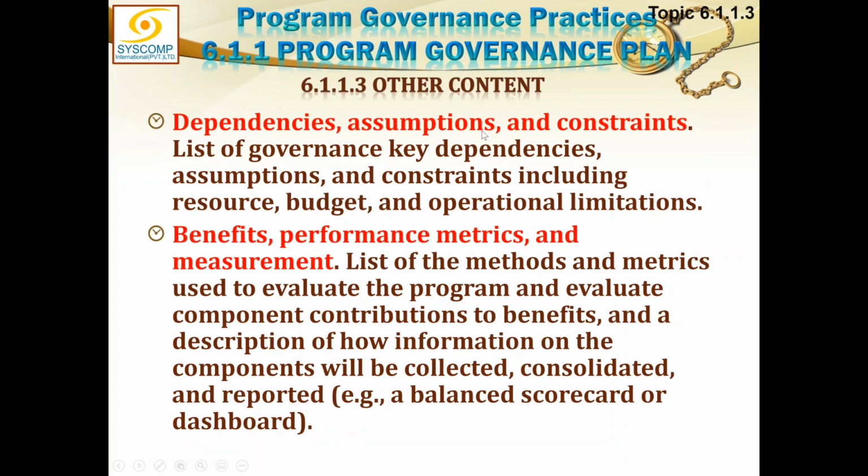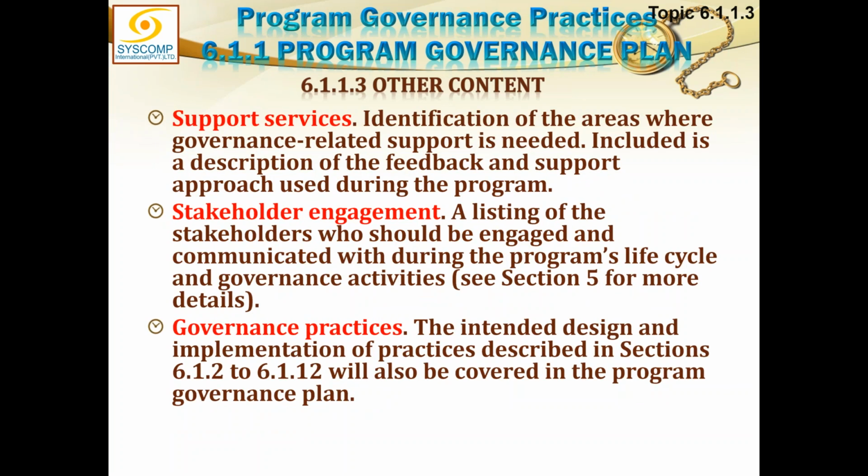As far as dependencies, assumptions, and constraints are concerned, a list of governance key dependencies, assumptions, and constraints, including resources, budget, and operational limitations. Just look at it from the governance point of view. The work on the program as such has not yet started. I mean, the plan of the program is not yet prepared. We have not started planning the program as such.